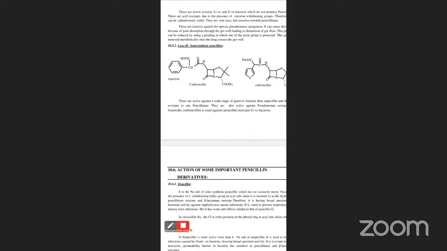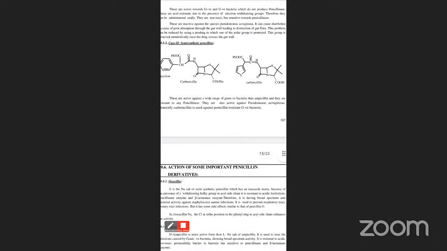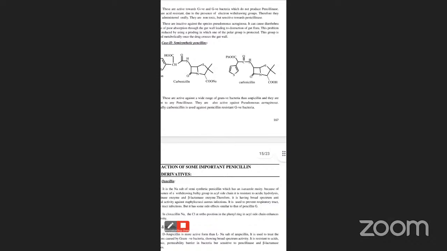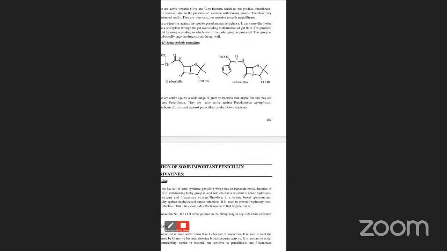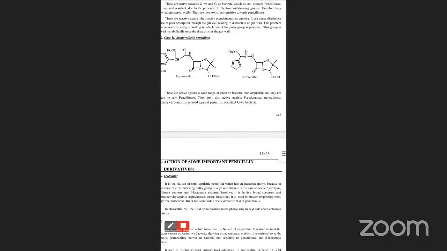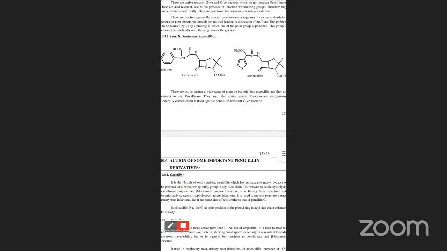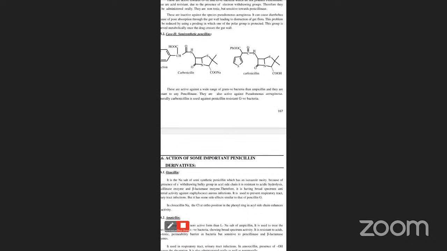So this is carbenicillin. And here the thiophene ring is taken, like carfecillin. Generally these are gram negative active drugs. So these are active against the gram negative bacteria.